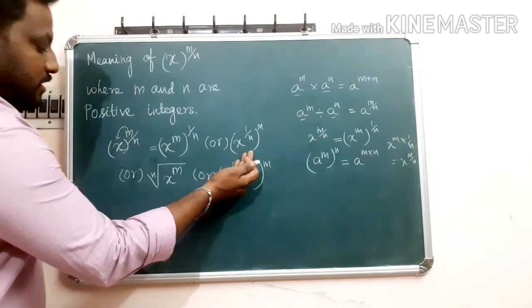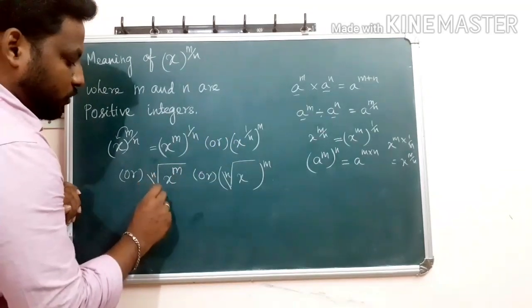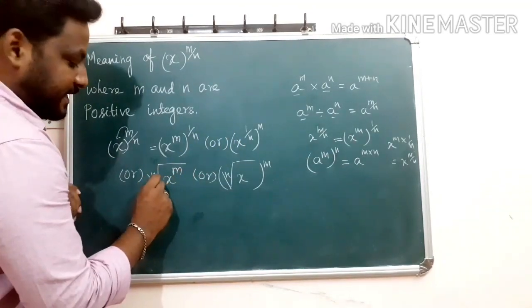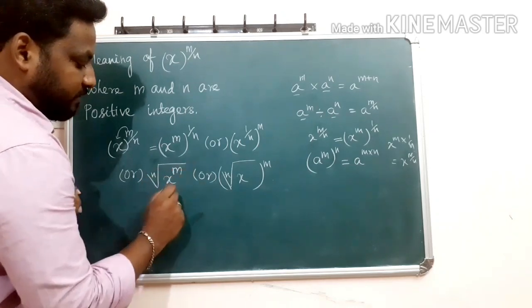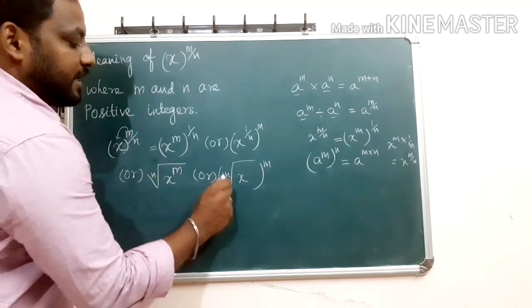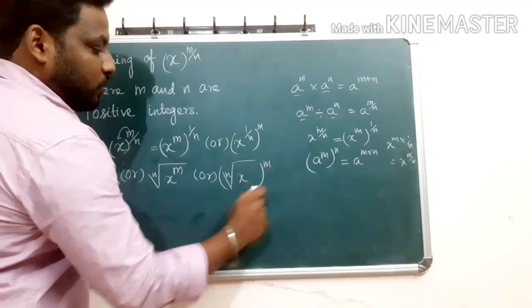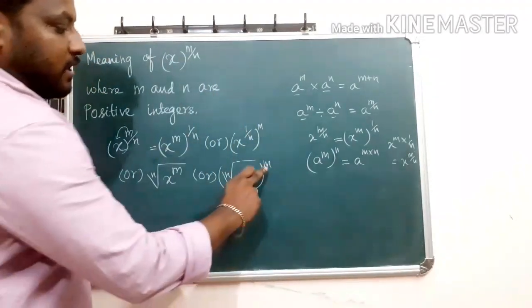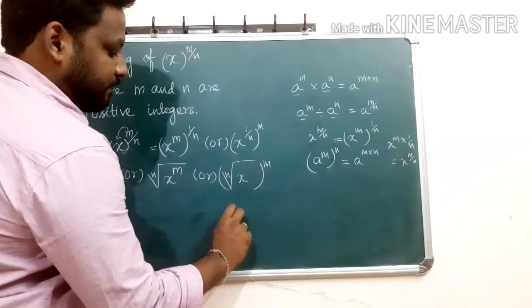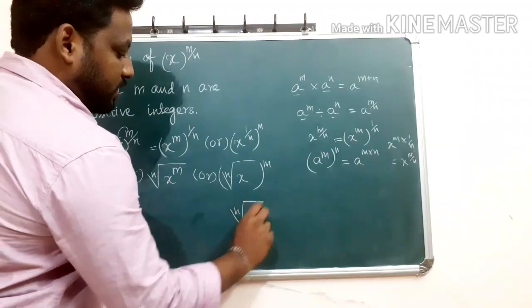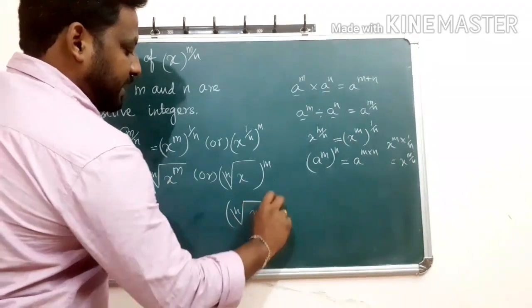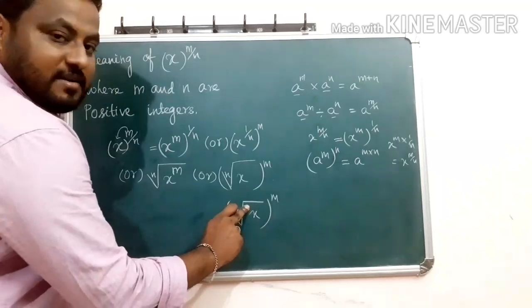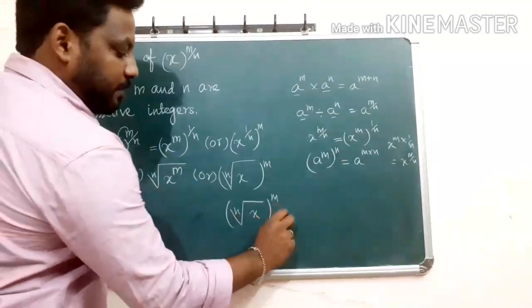So this also we can write as the nth root of x power m, or the nth root of x the whole power m. We know that the square root value is 1 by 2.